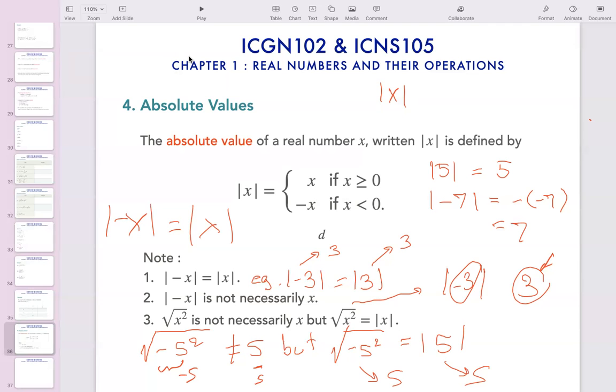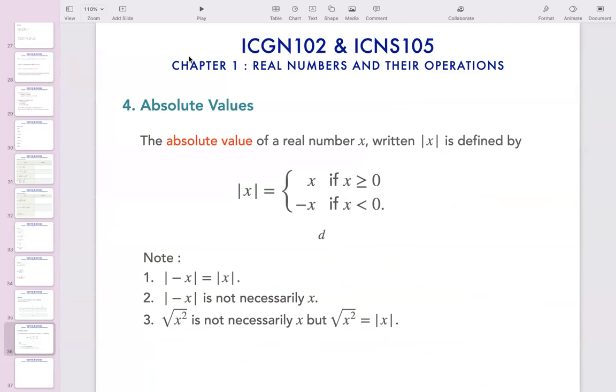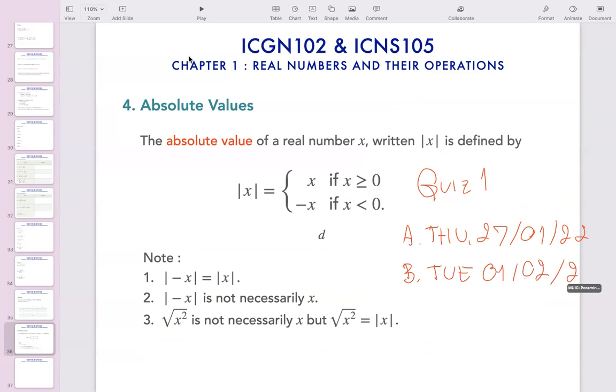Okay, let me write it down on the chat box as well. Which choice would you like to have?